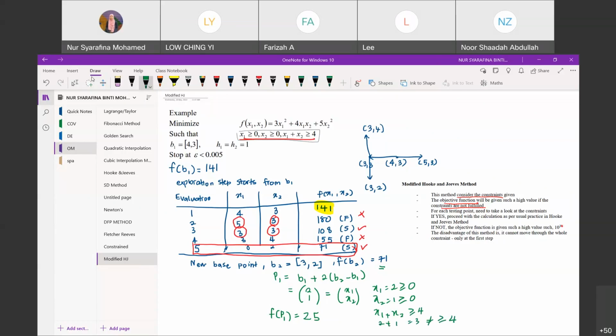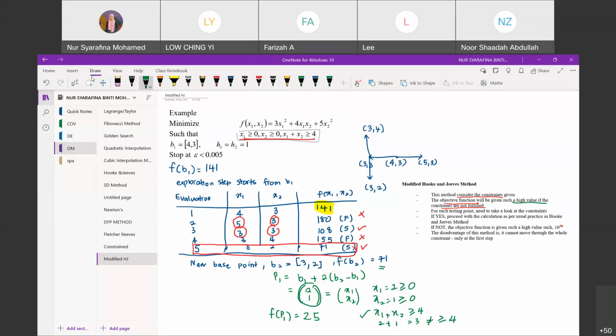Okay, means that the objective function will be given such a high value if the constraints are not fulfilled. So even though your FP1 is 25 here, this point does not fulfill one constraint of x1 plus x2 greater than or equals to 4.